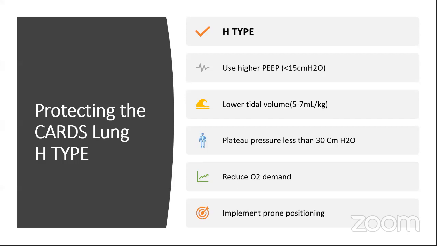And of course, with this low tidal volume strategy, those patients are liable to retain more CO2, and permissive hypercapnia should be accepted for better lung protection. So we should accept a pH of 7.2, 7.18 for the sake of lung protection, because applying a low tidal volume strategy will improve the outcome for those patients.